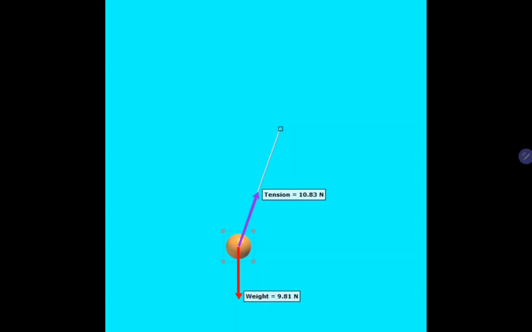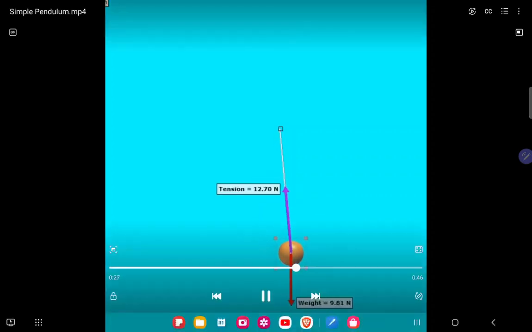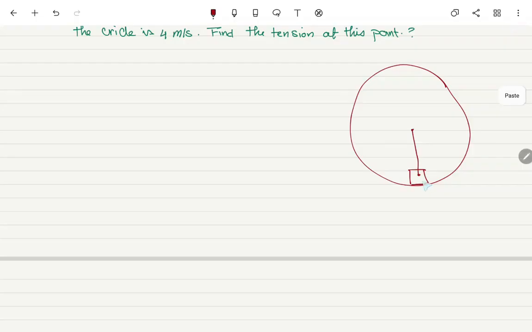Now let's go back to the example. In this example, weight is directed this way and tension is directed this way. So the sum of all forces on y equals mv square over r, or in this case, tension minus mg equals mv square over r.